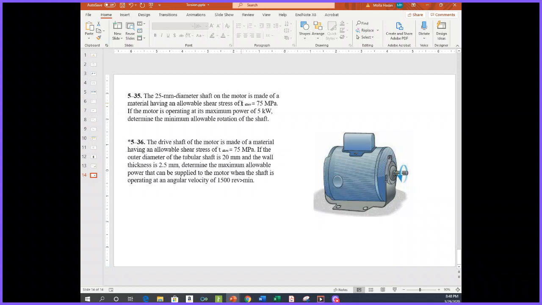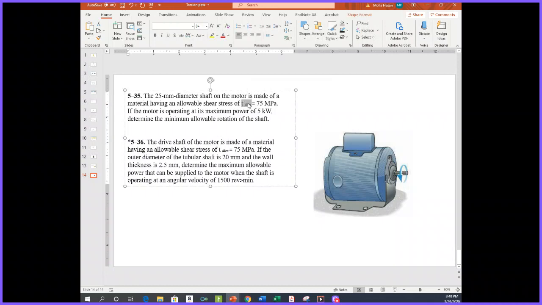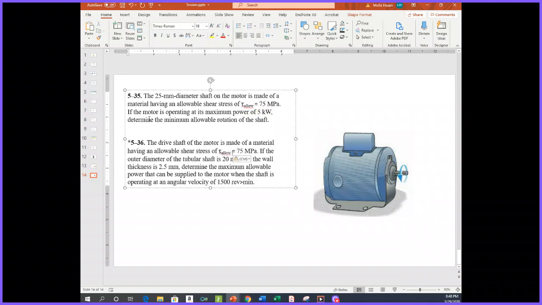So it is given that the shaft diameter is 25 millimeter and the allowable stress of the shaft is 75 megapascal. If the motor is operating at its maximum power of 5 kilowatt, determine the minimum allowable rotation of the shaft.